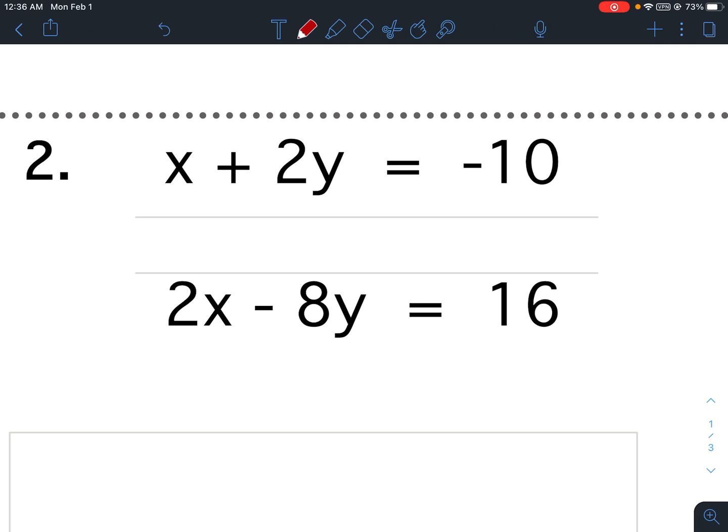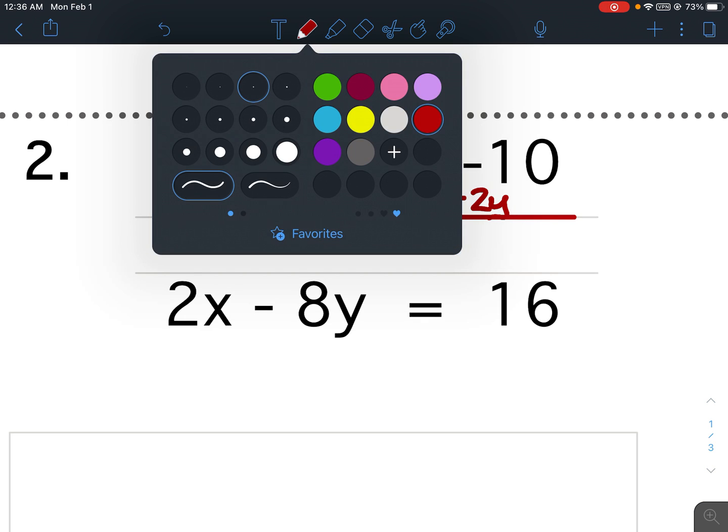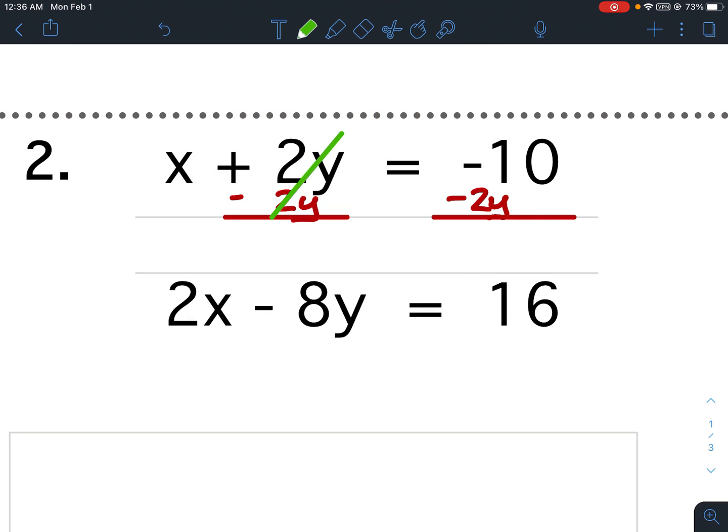The first thing I'm going to do is subtract 2y from both sides. That would cancel out the 2y's on the left side. And I bring down the x equals, and then these are not like terms. I cannot combine them.